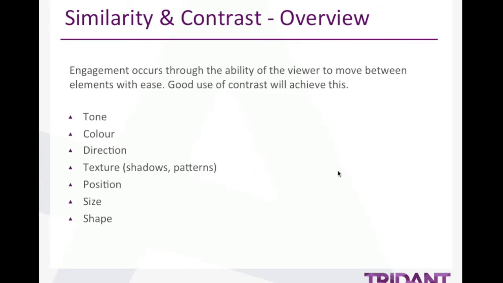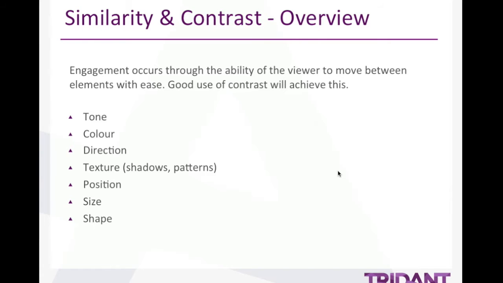Ways to create a good contrast include tonal variations of a single colour, using more than one colour, contrast in direction of lines and gradients, use of different textures, for example a shadow or a pattern, alteration of positioning, so don't always place everything on the left, contrast it with some things on the right, contrast the size of elements, and the use of various shapes.